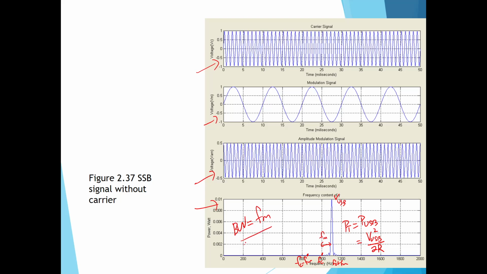And you can see that the sideband power and also the sideband voltage are larger than the sideband of the full carrier. We're going to see this example later.